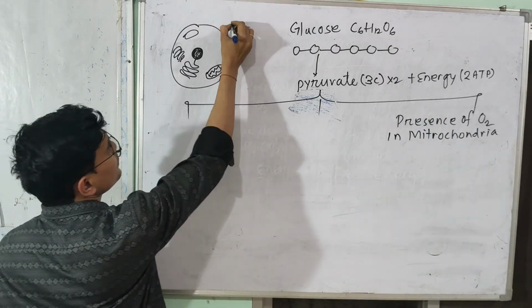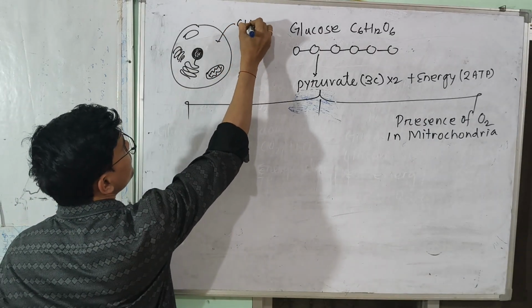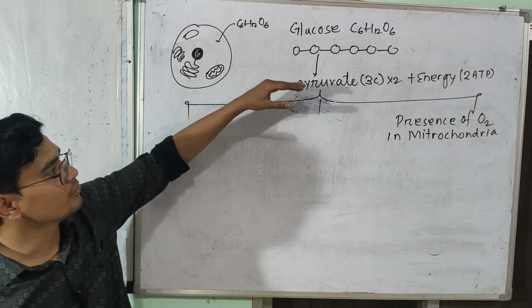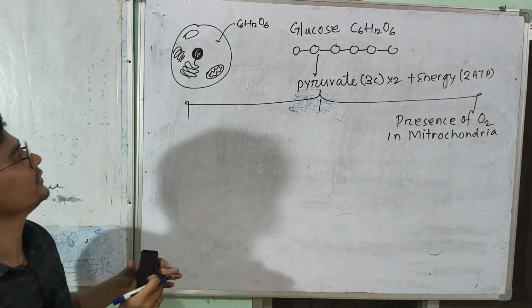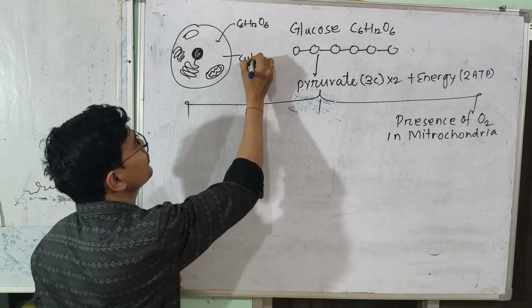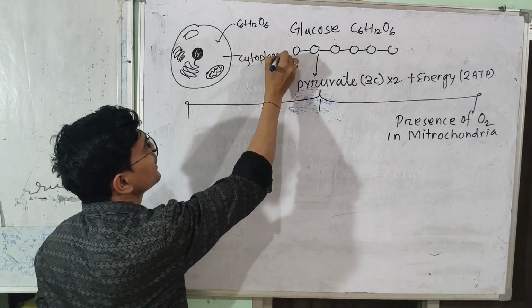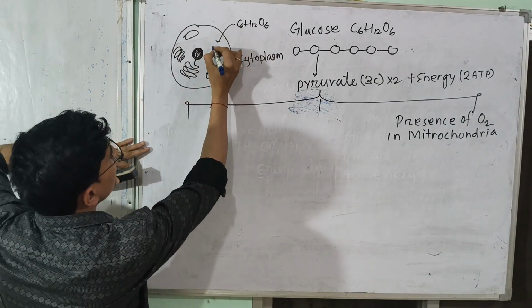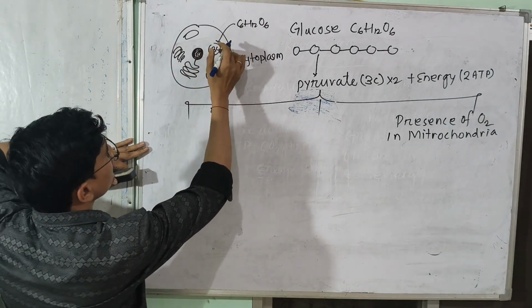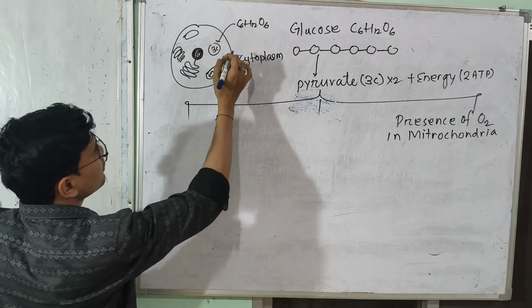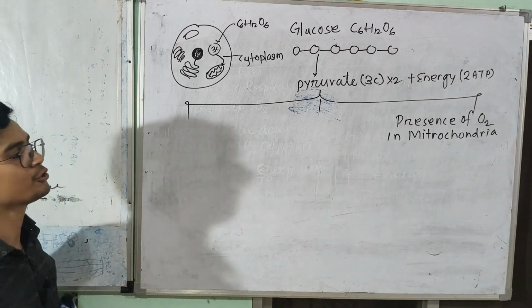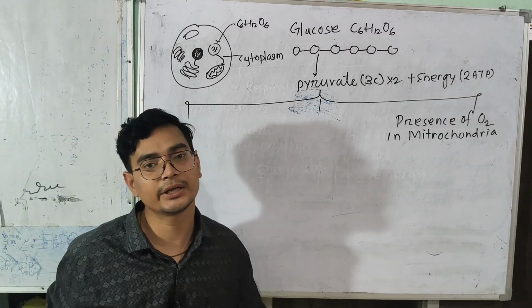Here glucose, C6H12O6, enters the cell and changes into pyruvate in the cytoplasm. This 3-carbon pyruvate then enters the mitochondria, so mitochondria generate ATP.